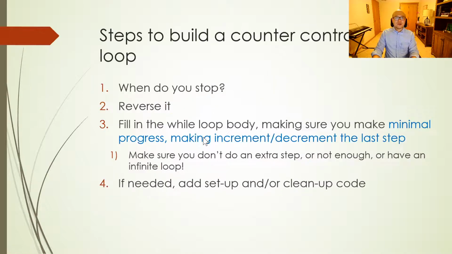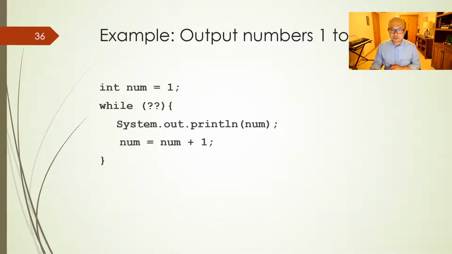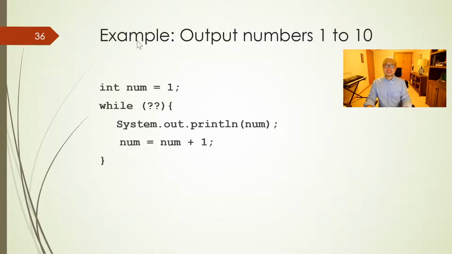Next I'm going to show you the steps to build a counter controlled loop. Using this example, let's say this time we would like to print out numbers from 1 to 10. So here we declare an integer num as the loop control variable and set it to 1.